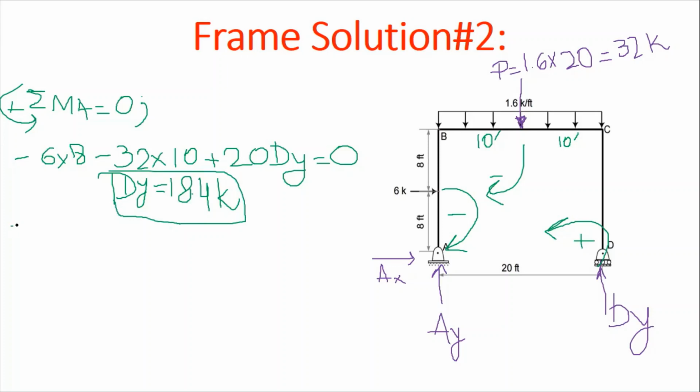Now I am going to sum up the vertical forces. So for the support reactions, the vertical forces, we have to sum up: AY plus DY minus 32.